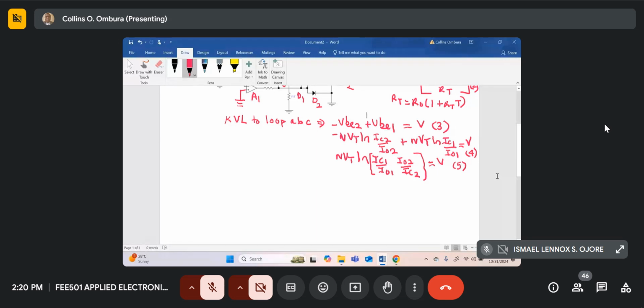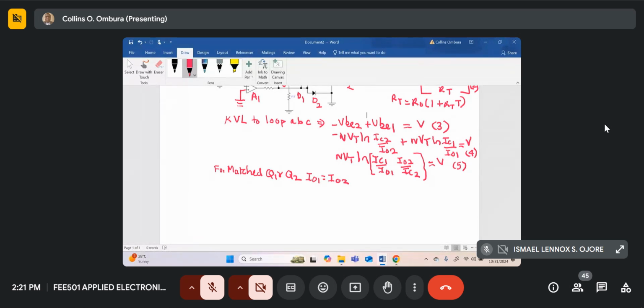Next, we can say that for my transistors, the saturation currents are equal.